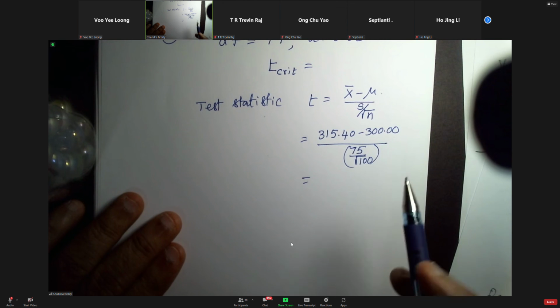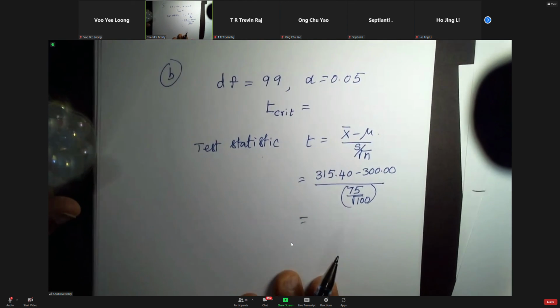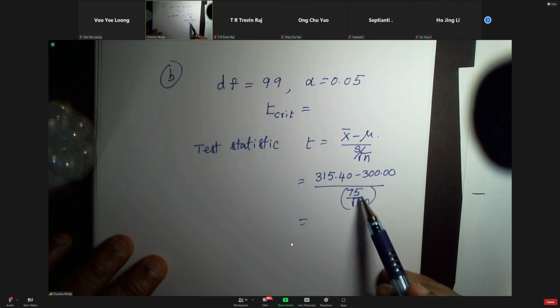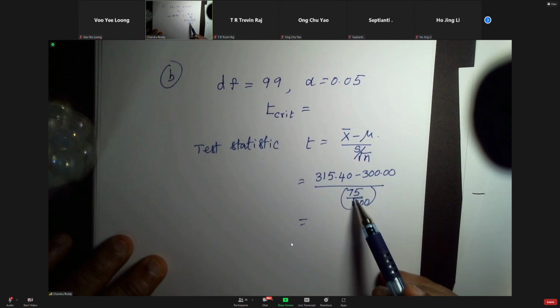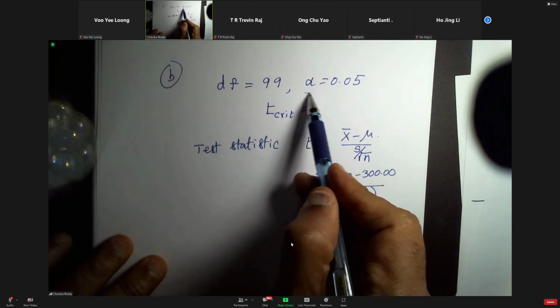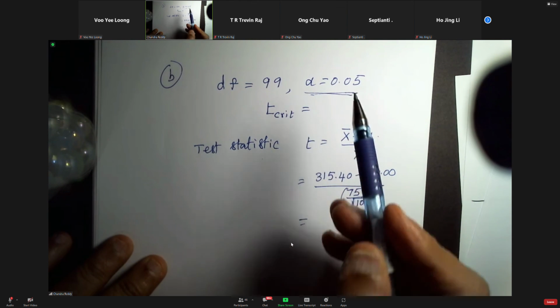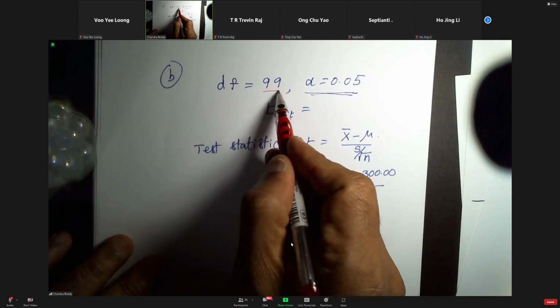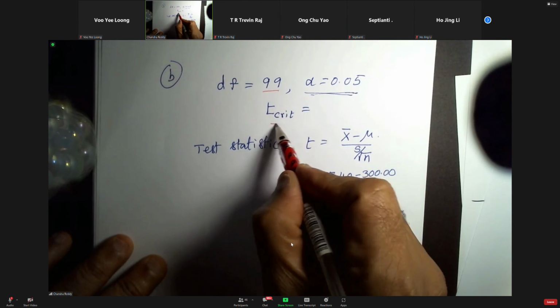So for part B, the standard deviation for the sample is given as 75 and the alpha value is given as 0.05. Can someone tell me from the t distribution tables, for a degree of freedom of 99, what is the critical value?